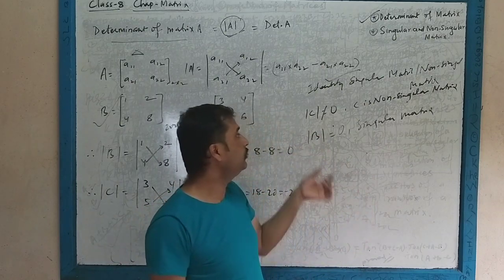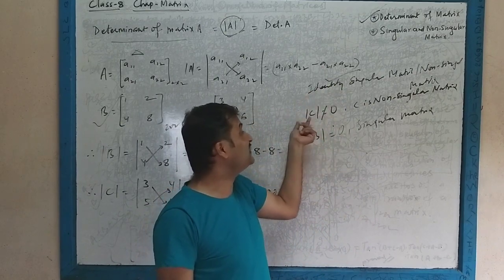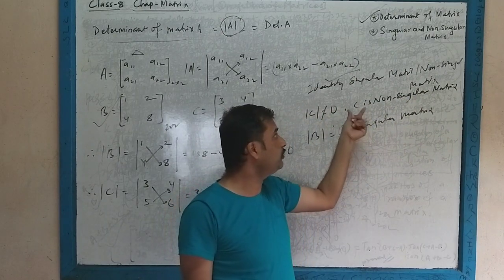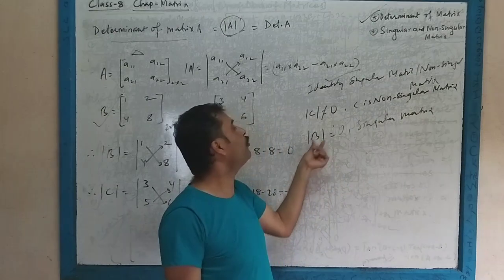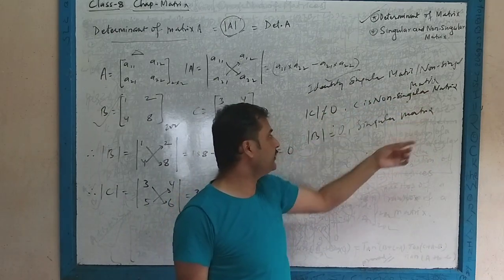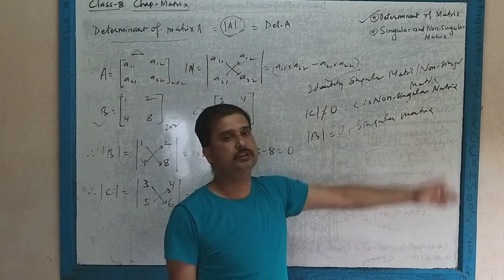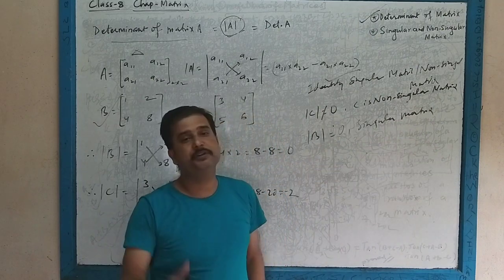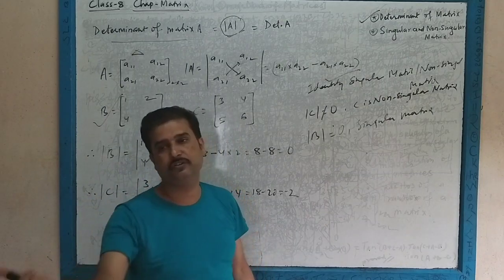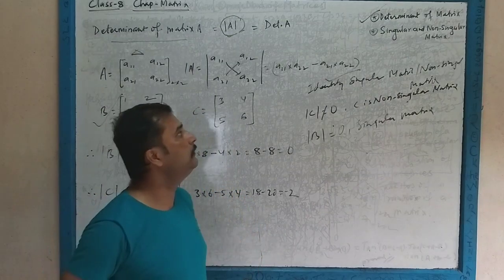If the determinant of any matrix is not equal to 0, it is a non-singular matrix. Equal to 0, singular matrix. So, if the determinant of any matrix is equal to 0, it is a singular matrix. If the determinant of any matrix is not equal to 0, it is a non-singular matrix.